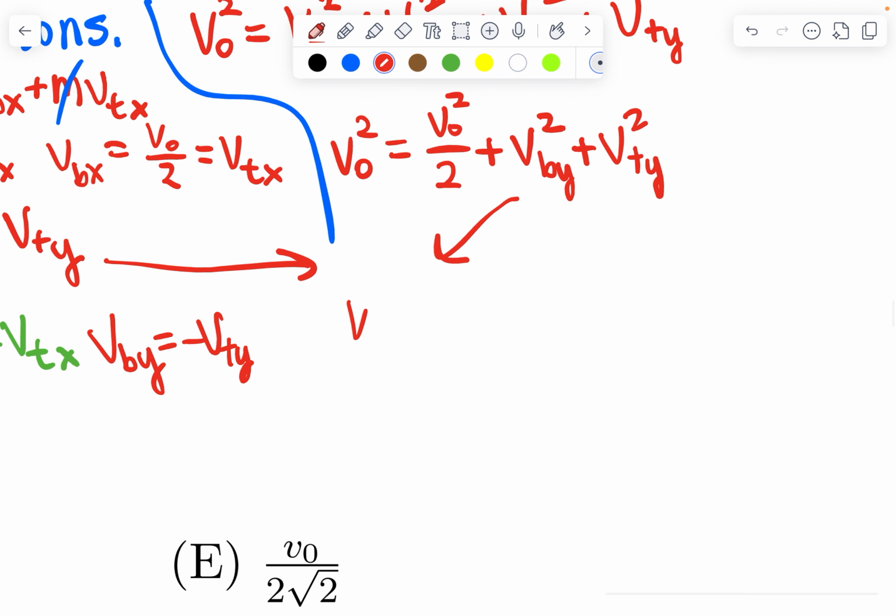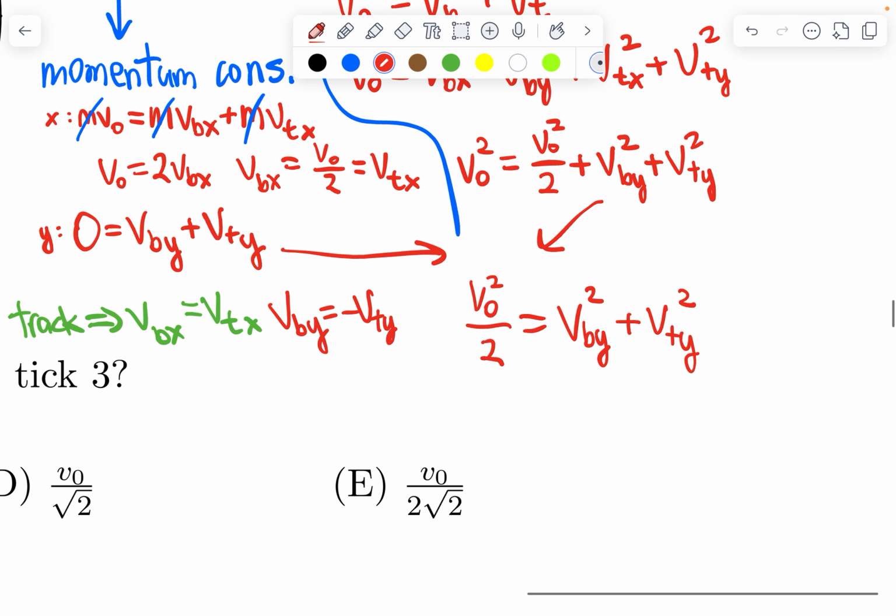So then v naught squared minus v naught squared over 2, which is just v naught squared over 2, is equal to vby squared plus vty squared.